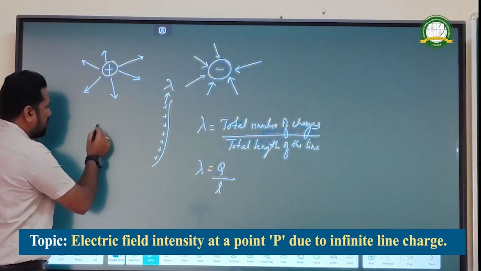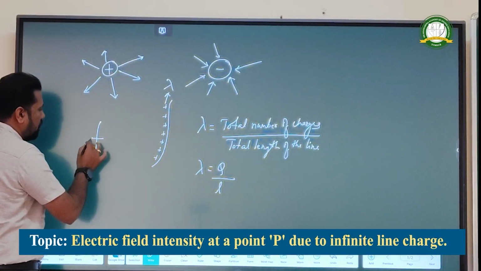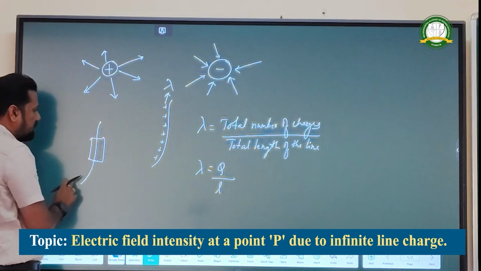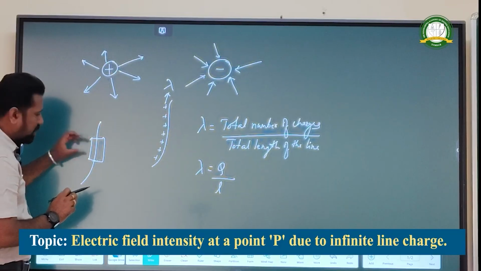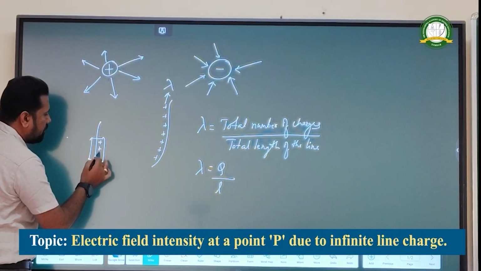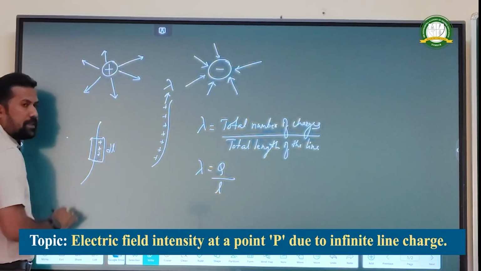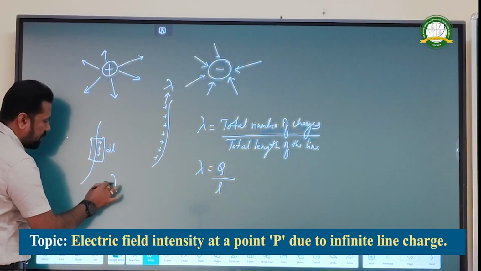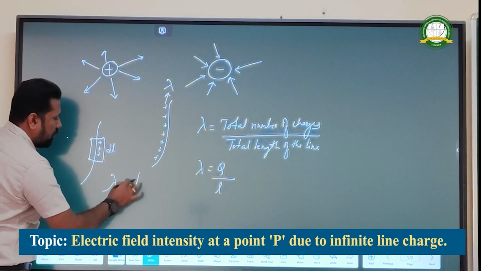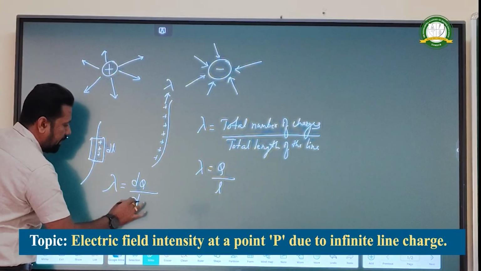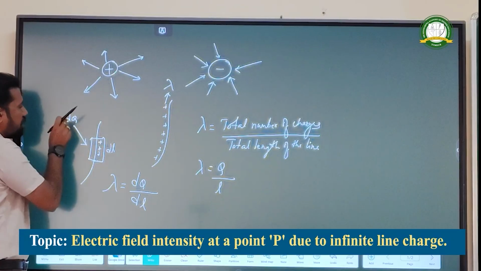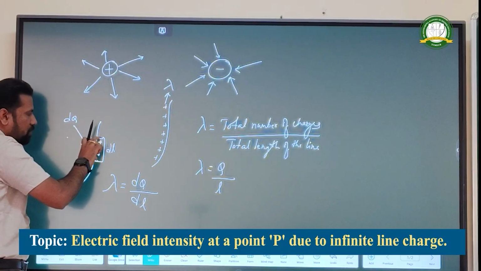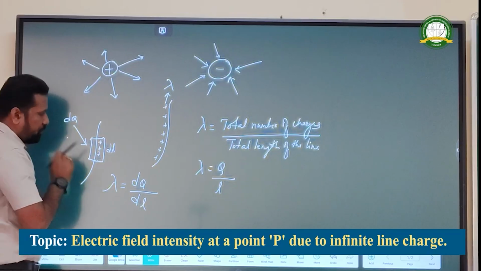Suppose the charges are distributed over a small differential length, so in this line charge, we are assuming the charges are distributed over this small differential length. Let us say the length dl, then the line charge density lambda is equal to dq divided by dl, where dq is the differential amount of charges over this small differential length dl.